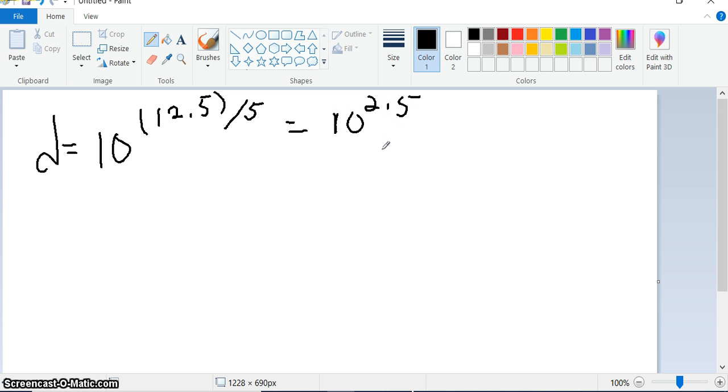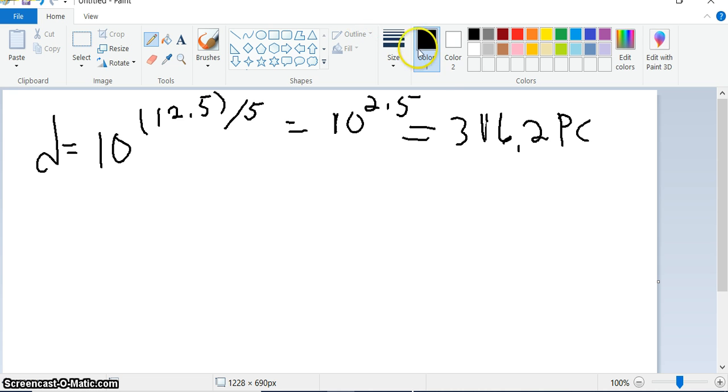You raise 10 to the 2.5 in your calculator, and remember this answer comes out in parsecs, so that's going to equal, and this is the answer for number 6, 316.2 roughly. 316.2 parsecs. So that's the distance when a star has an apparent magnitude of 10 and an absolute magnitude of 2.5. That's how you do that.